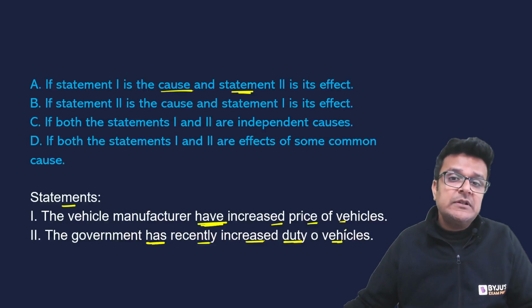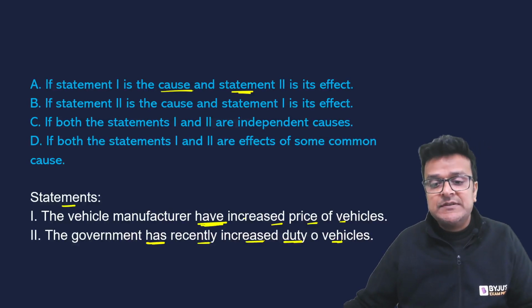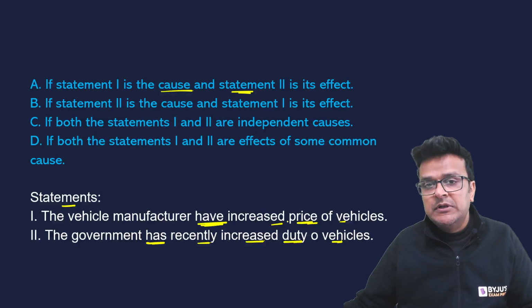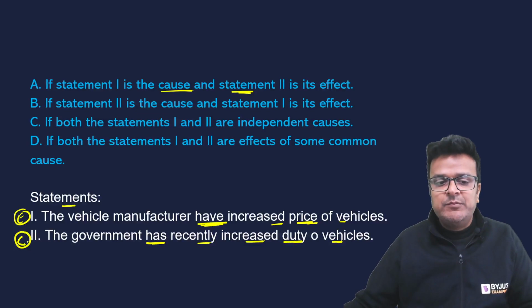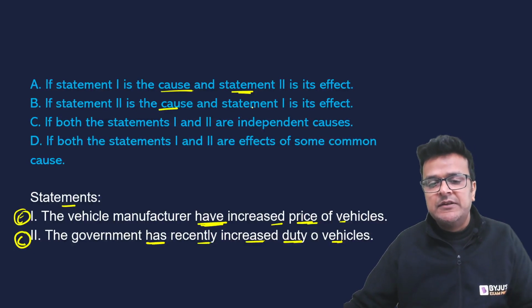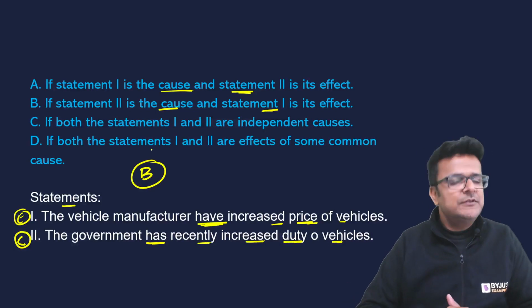If duty on vehicles has gone up, then prices are likely to go up. That means if this cause has taken place, then this effect can take place. That means the second is the cause and the first one is the effect. So the correct answer must be option B.